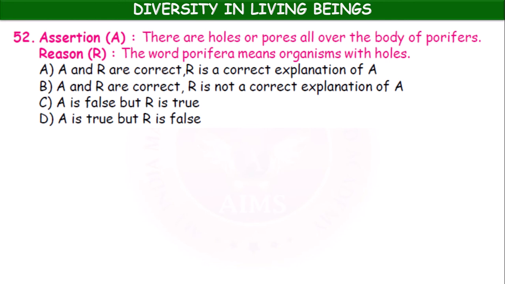Now assertion and reason type question. Assertion: there are holes or pores all over the body of Porifera. Yes. And reason: the word porifera means organism with holes. Yes. So here both assertion and reason are correct, and the reason is a correct explanation of assertion.